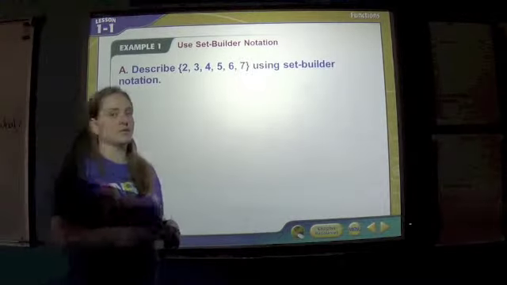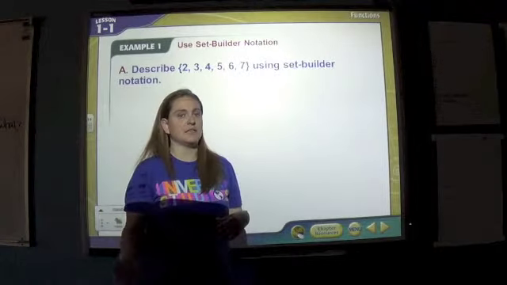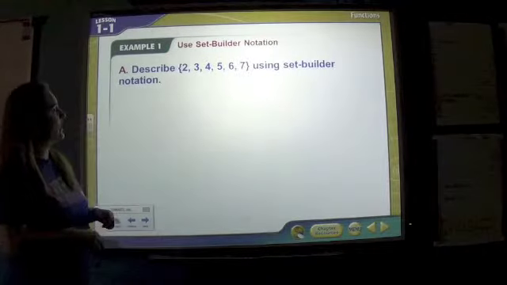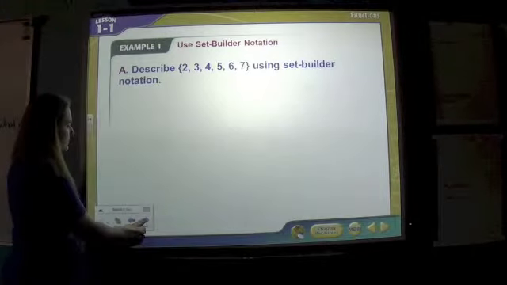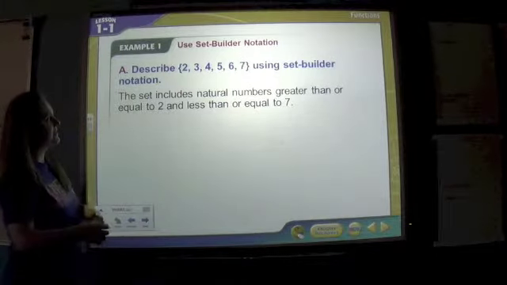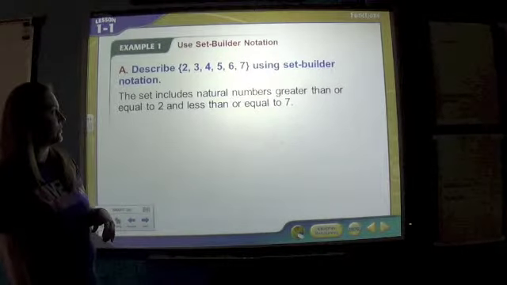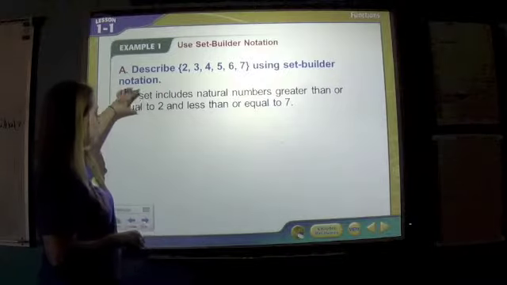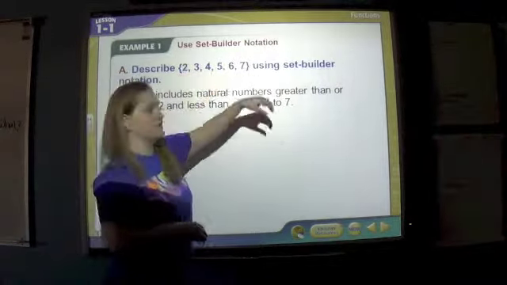Okay, so the first thing we're going to do is write stuff in set notation, which we did in the last chapter, but we're just going to make it more formal. All right, describe 2, 3, 4, 5, 6, 7 using set builder. The set includes natural numbers, greater than or equal to 2 and less than or equal to 7.